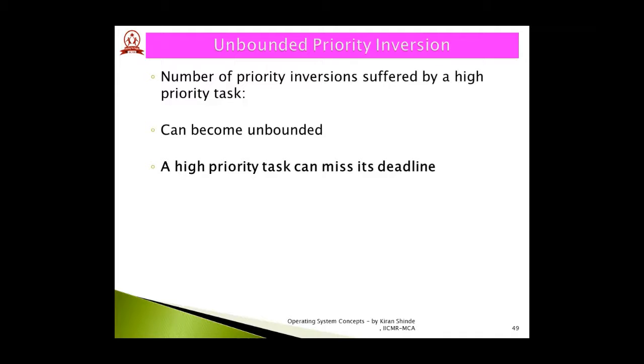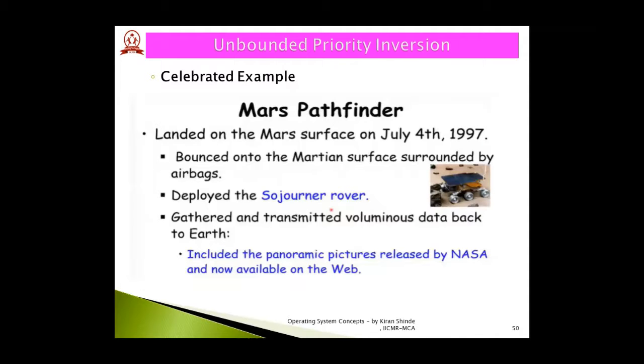So such a problem is called unbounded priority inversion, because here the priority was inverted. Even though that particular task had high priority, it was inverted by a low priority task as well as intermediate priority tasks. Now, a very popular and celebrated example of unbounded priority inversion is Mars Pathfinder.